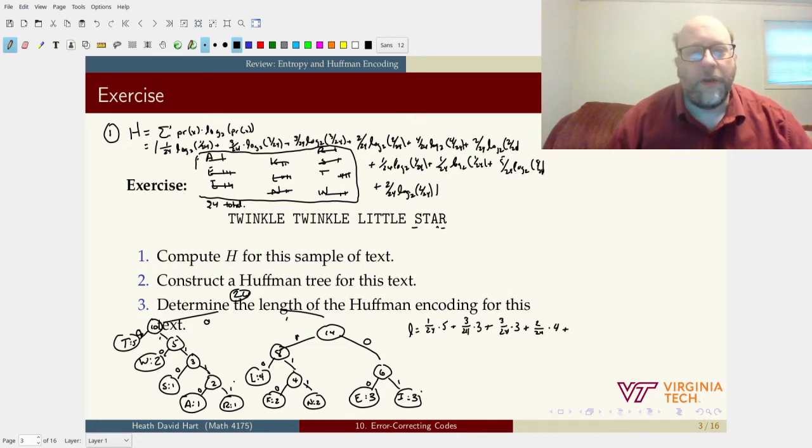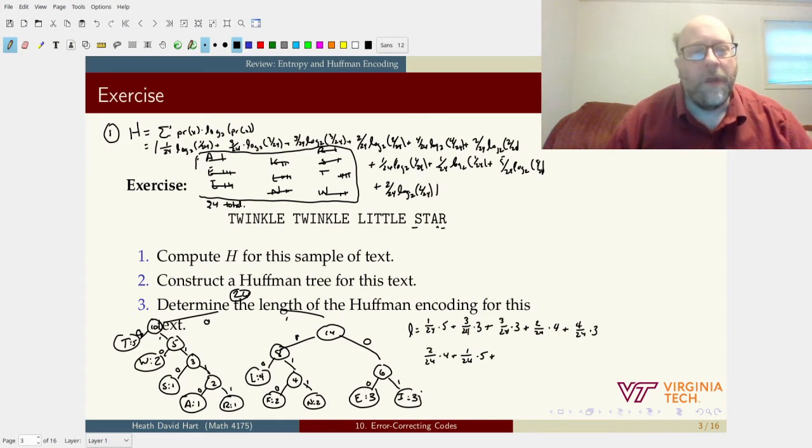Then L is going to be 1, 0, 1, 1, 0. 4 over 24 times 3. N is right down here. That's 2 over 24 times 4. R is down here, that's 5 down, so that's 1 over 24 times 5.